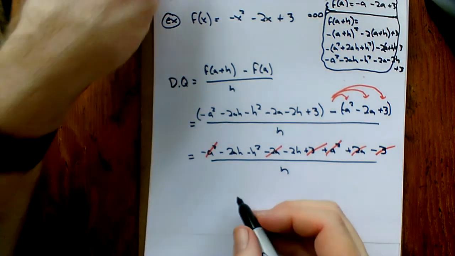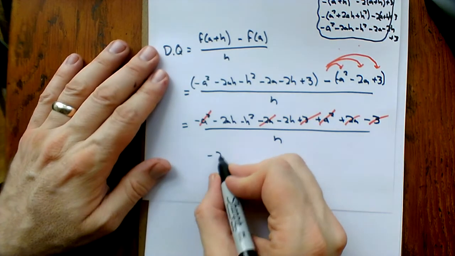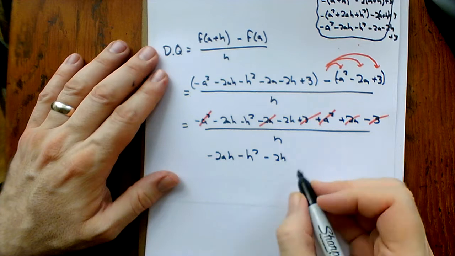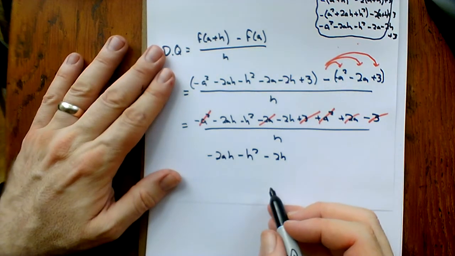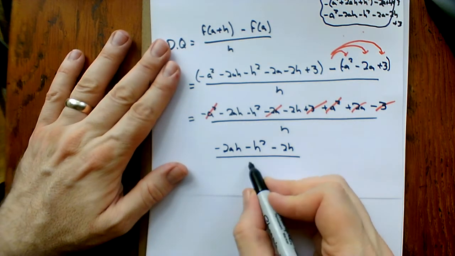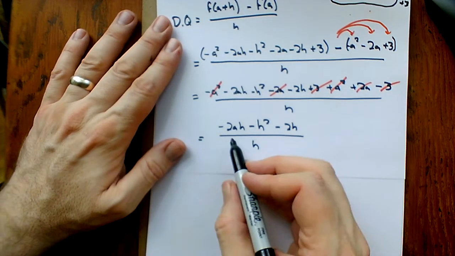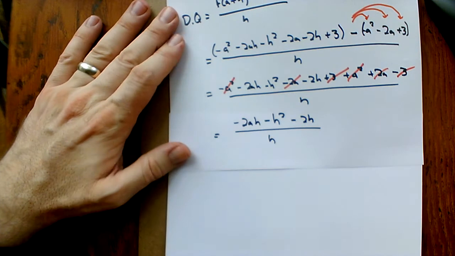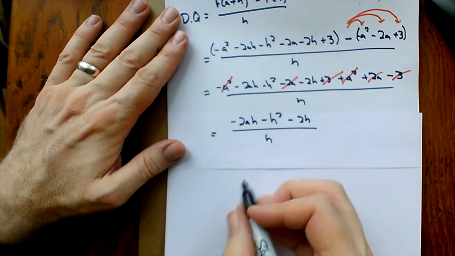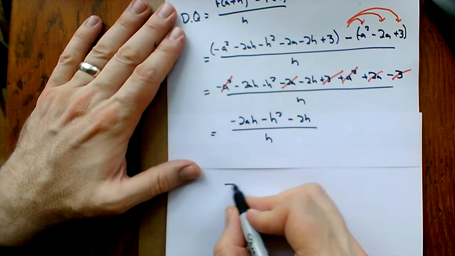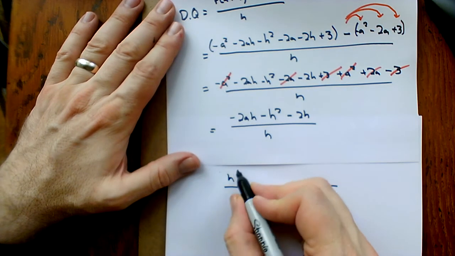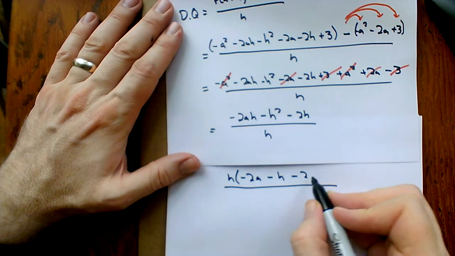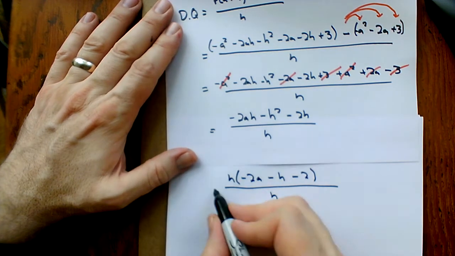So I'm left with minus 2ah minus h squared minus 2h. I only have 3 terms left up top, all of this over h. I look at this and I see that I can factor out an h from everything up top. So when I factor an h out of this top, I'll be left with h times minus 2a minus h minus 2, all over h.